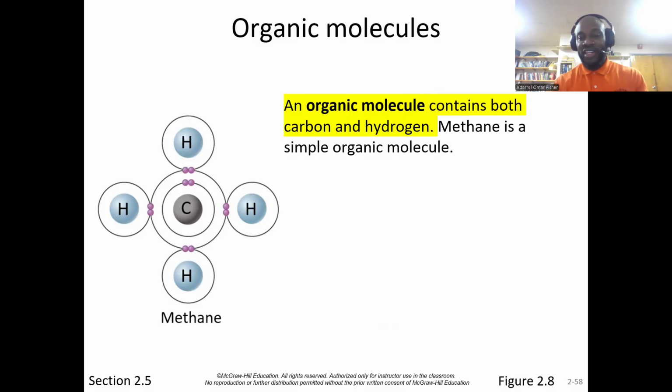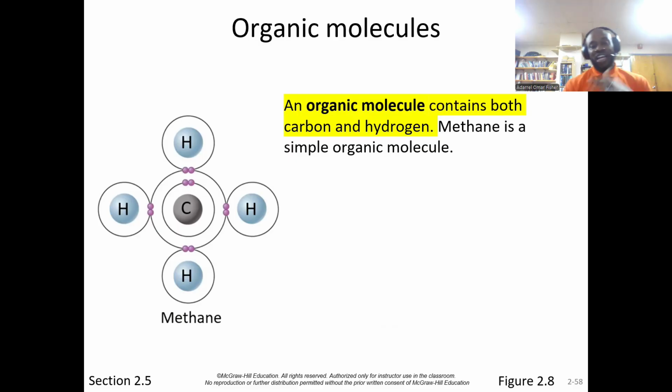So methane, which is CH4, one carbon atom bound to 4 hydrogen atoms, is an organic molecule. What makes it organic is simply that you have carbon and hydrogen bound together. That's what makes it organic.